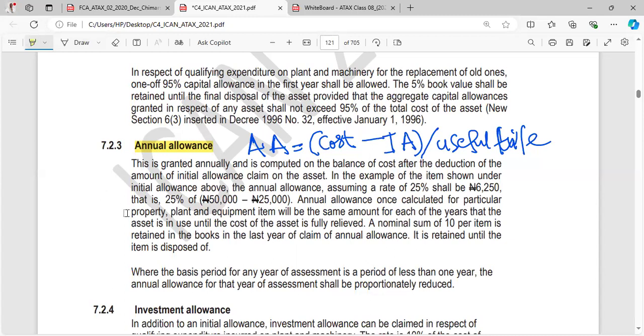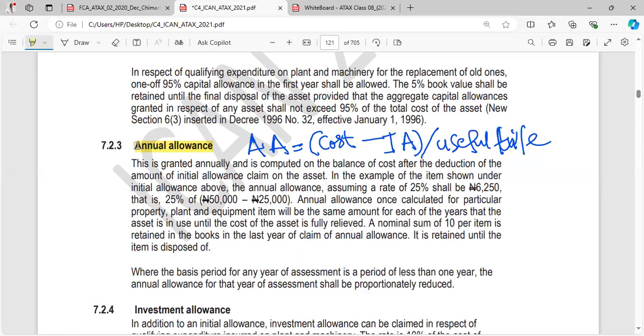So you cannot claim the same amount of annual allowance for an asset that you use for 6 months as someone who will use it for 1 year. You cannot claim the same amount for an asset used for 1 month, the same way you use for 12 months.